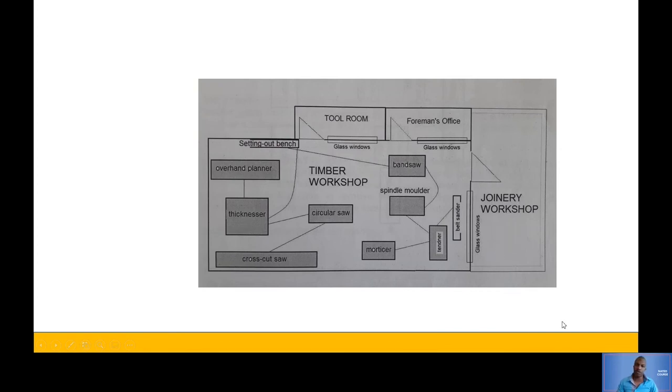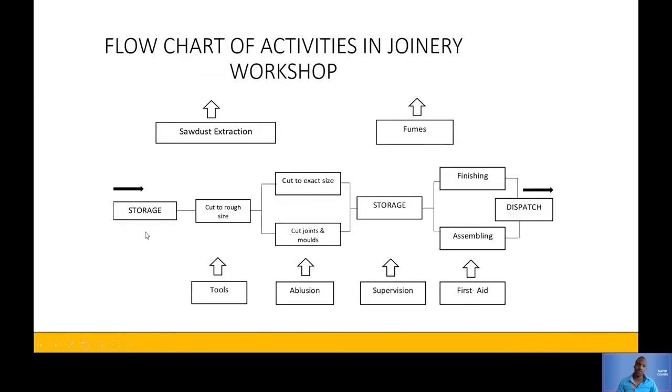So there, from storage, you can cut it further through the sizes by cutting an exact size or cutting the joints and moulds. It's up to you. That's where you do custom work on the shop, because sometimes a customer comes and says, I want a custom door that is much smaller than the standard size, so you need to cut it further, or they say I want it like this, so you need to mould it further.